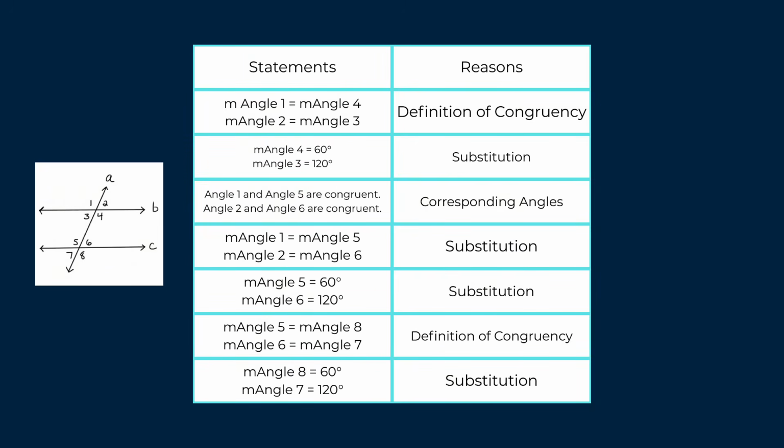Angle 1 and angle 5 are congruent, and angle 2 and angle 6 are congruent because they're corresponding angles in a parallel transversal. Meaning that we can substitute to get that the measure of angle 5 is 60 degrees and the measure of angle 6 is 120 degrees. And then invoke the definition of congruency again to leave us with the measure of angle 8 is 60 degrees and the measure of angle 7 is 120 degrees.